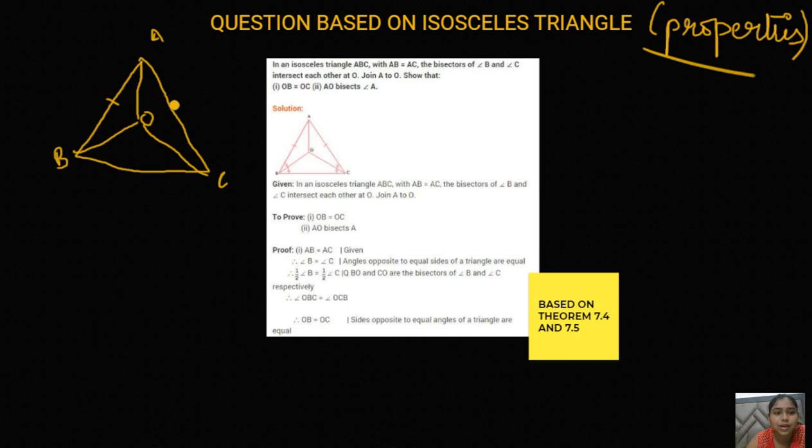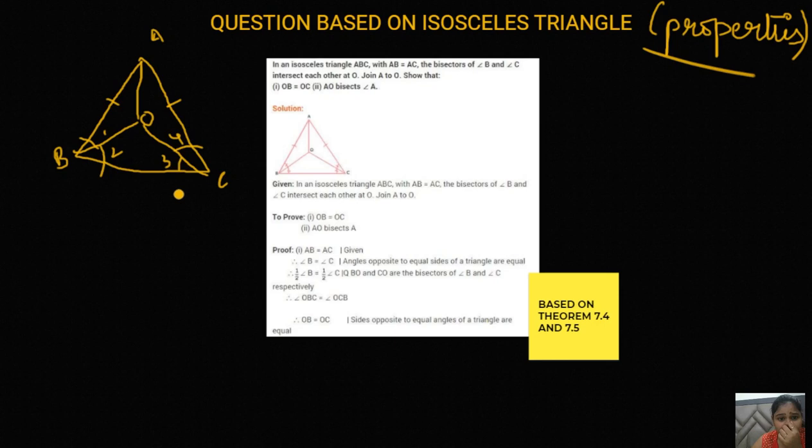Then this is isosceles, so AB equals AC, right? Now the bisectors of angle B and angle C intersect at O. So these are the bisectors. This is angle 1, this is angle 2, this is angle 3, and this is angle 4. They are equal. So show that OB equals OC.